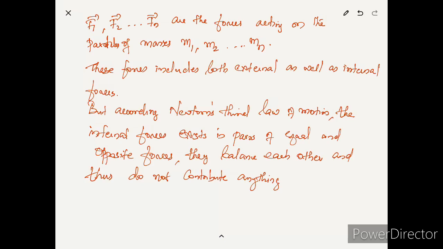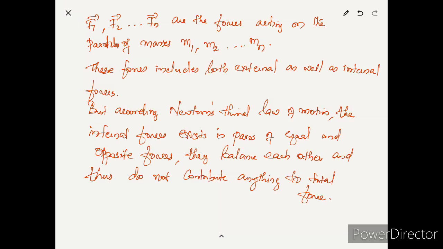The internal forces balance each other because they are equal and opposite, because they exist in pairs. So according to Newton's third law, while we consider an n-particle system, the internal forces do not contribute anything to the total force.